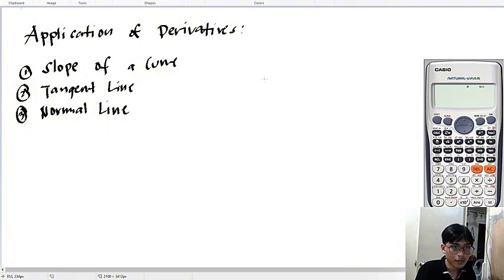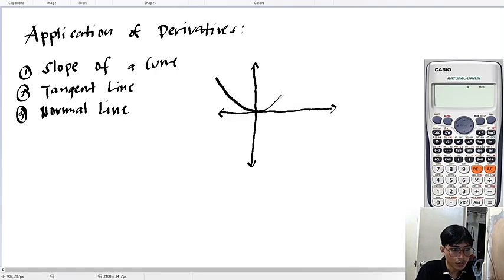If we draw a curve, let's say we have here an xy plane. Let's say we have a quadratic function, so the curve is concave up. If we get the slope of this curve, there are two kinds of slope we can get.